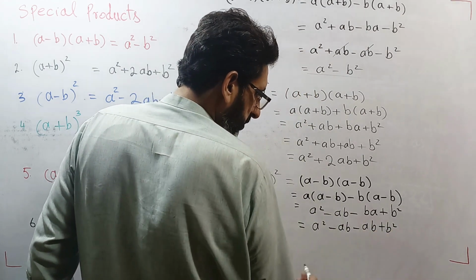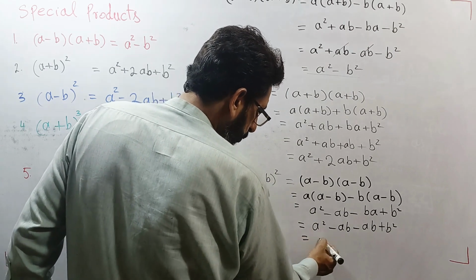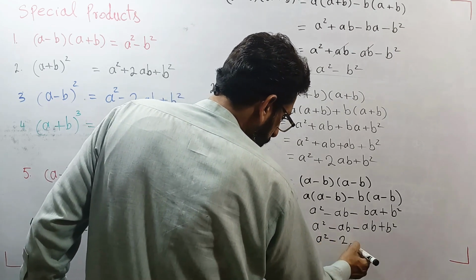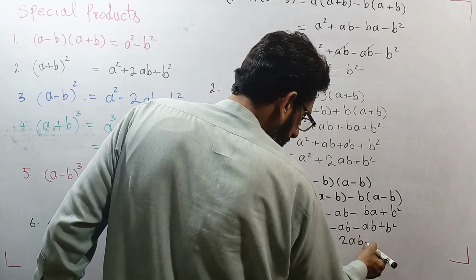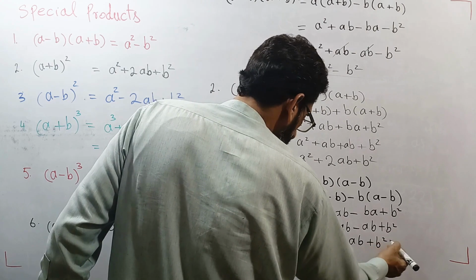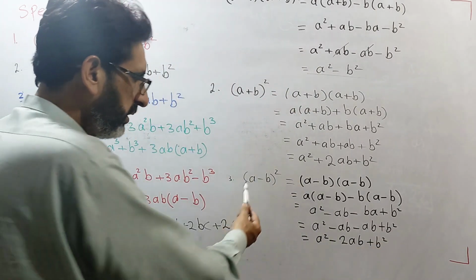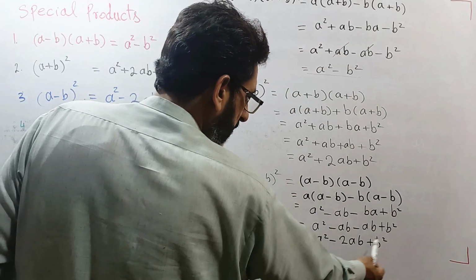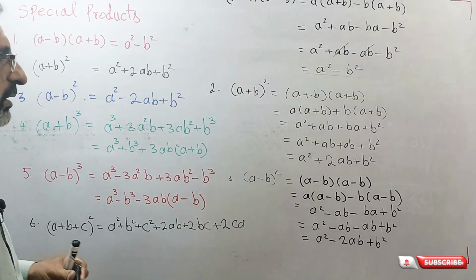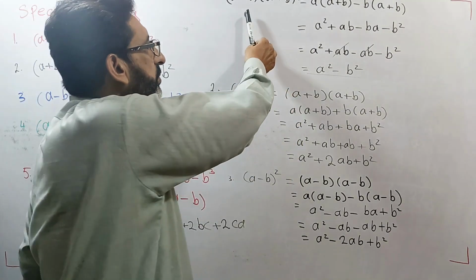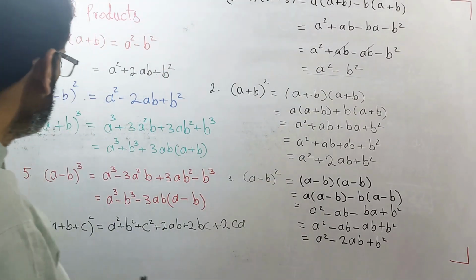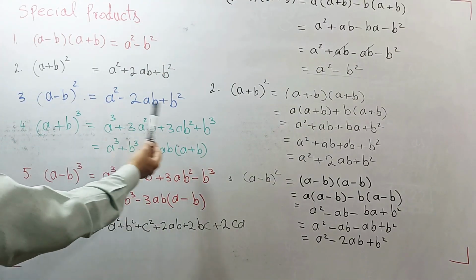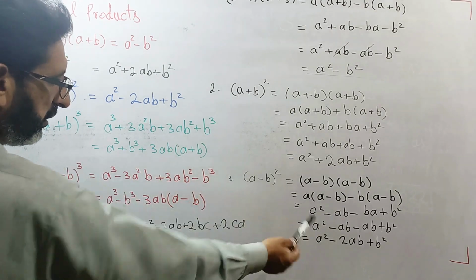Negative ab and negative ab will become negative 2ab. Here the coefficient is 1, which is not written, plus b². So (a − b)² is equal to a² − 2ab + b². This is a very simple way of proving these formulae. This is our third formula, (a − b)².